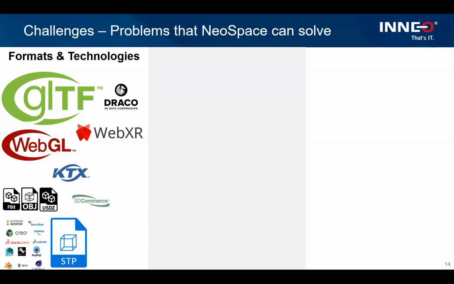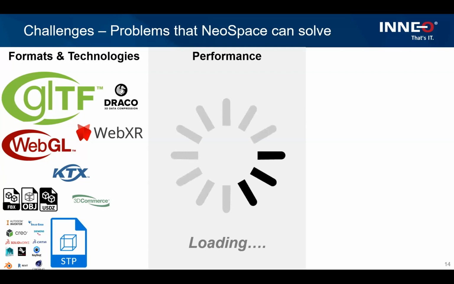So the whole software NeoSpace is based on glTF as a primary working format. We utilize different technologies, of course, like WebGL, WebXR, and Draco compression, which is great, but also import different other formats. And this is very important for our customers to get started with the software and distribute experiences later on.